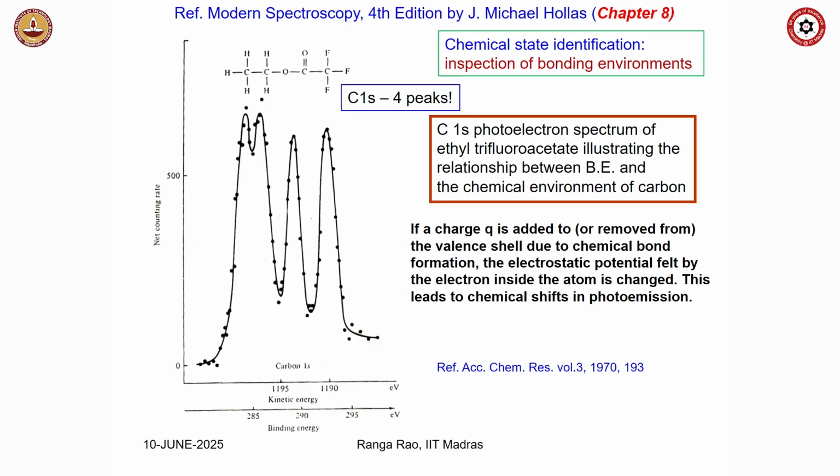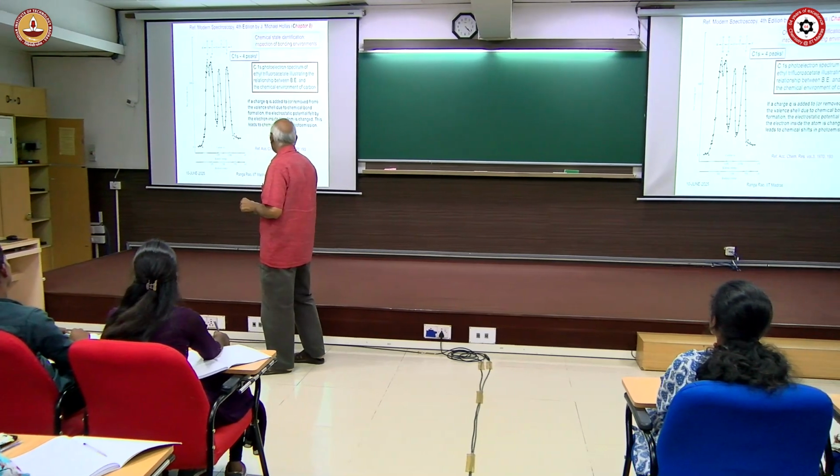This peak is because of this carbon, this peak is because of this carbon, this is because of this, this is because of this. Which one will have higher binding energy? 1s of this carbon or of this carbon? Binding energy, which carbon will have a higher 1s binding energy?